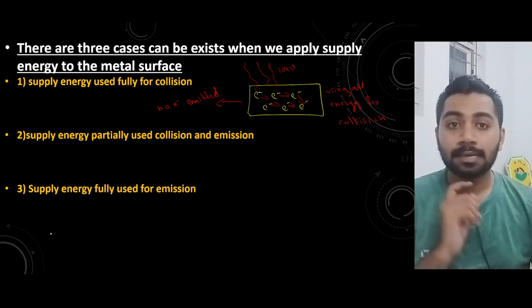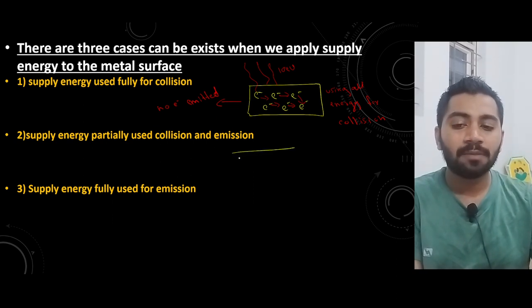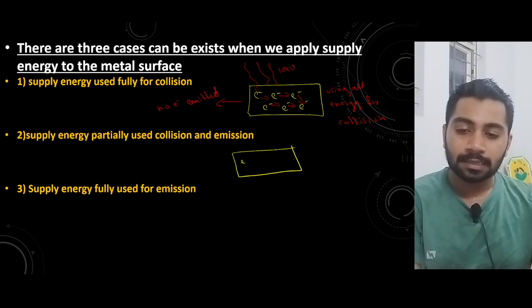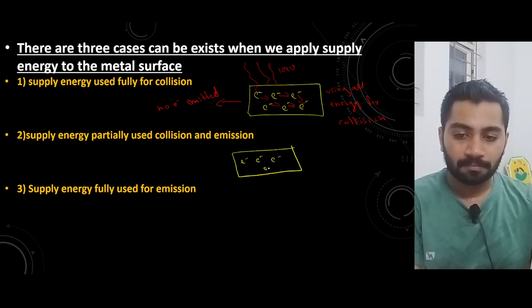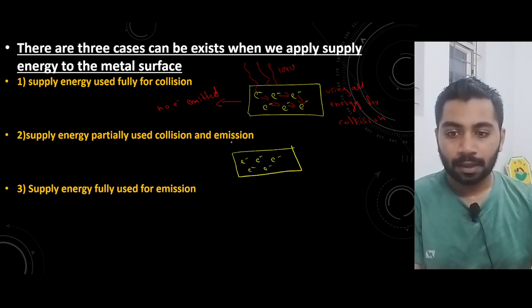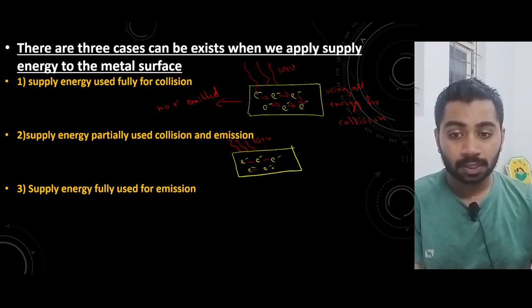Now, second case, supply energy is partially used. Partial means what? 50-50, or maybe partial using. Same again, electrons are here, and these rays are falling here. If we take 10 eV, some is going to collision.